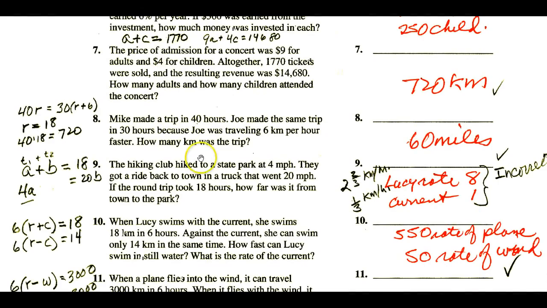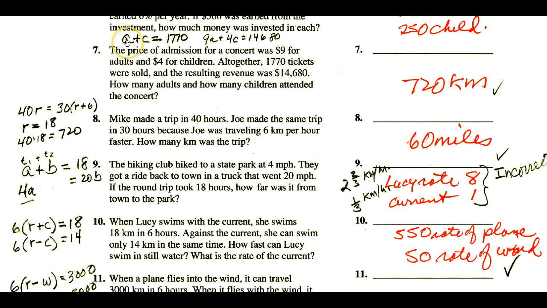All right, here we're looking at the price of admission for a concert was $9 for adults, $4 for children. Altogether, this many tickets were sold, and the resulting revenue was this.